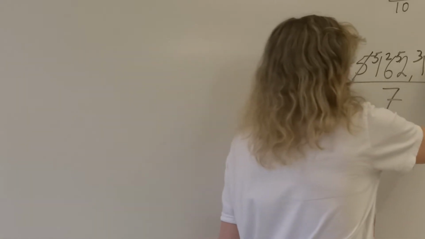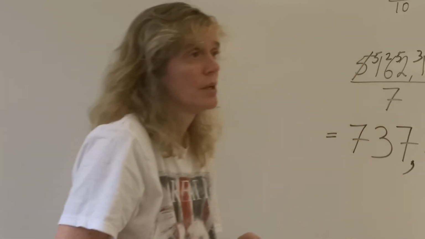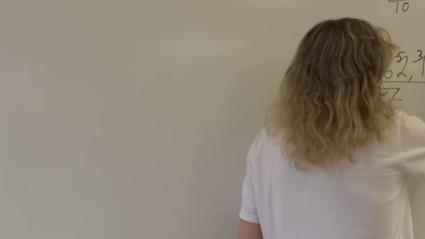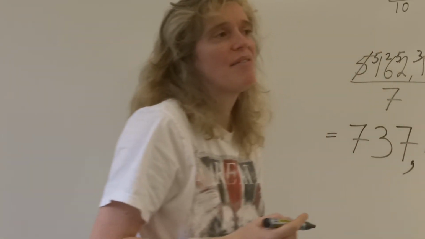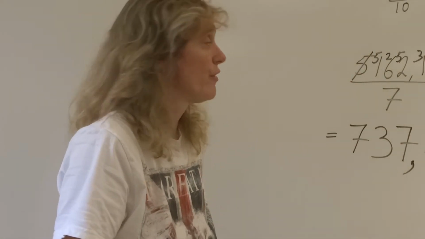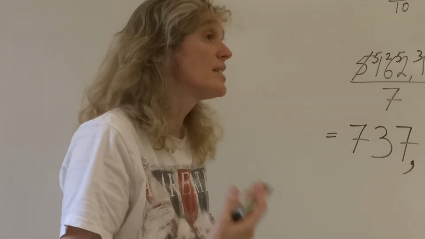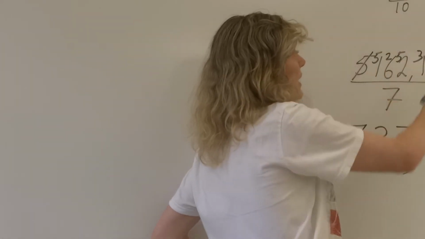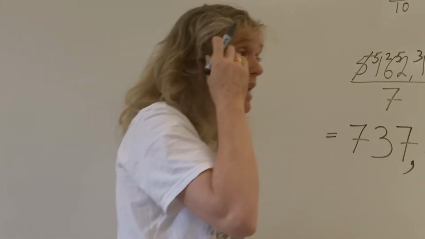And then I put in a new decimal 0. 7s into 30, well 7 fours are 28. 2 left over. The thing about dividing by 7 is it's going to go on and on and on forever. So unless I say anything else, you can approximate these calculations to 2 decimal places.